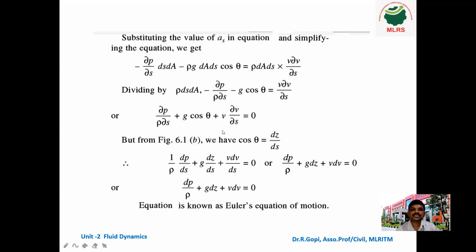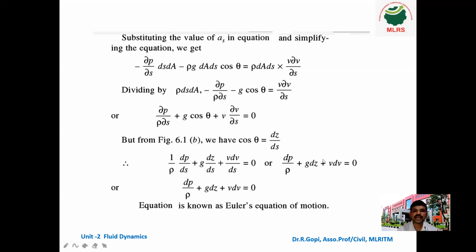Substitute cos theta in this equation, taking rho outside: 1 by rho dou P divided by dou S plus G into dz divided by ds, plus V into dV divided by ds, which is equal to 0.